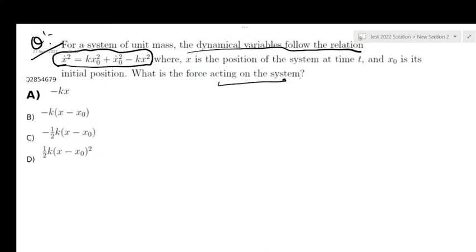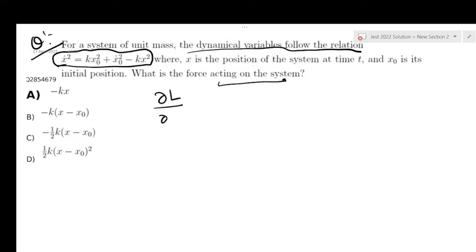Here, the only concept is the Lagrangian, because the dynamical variable is given, and the position coordinate and velocity coordinate are here. So do you know how we get force from the Lagrangian equation?